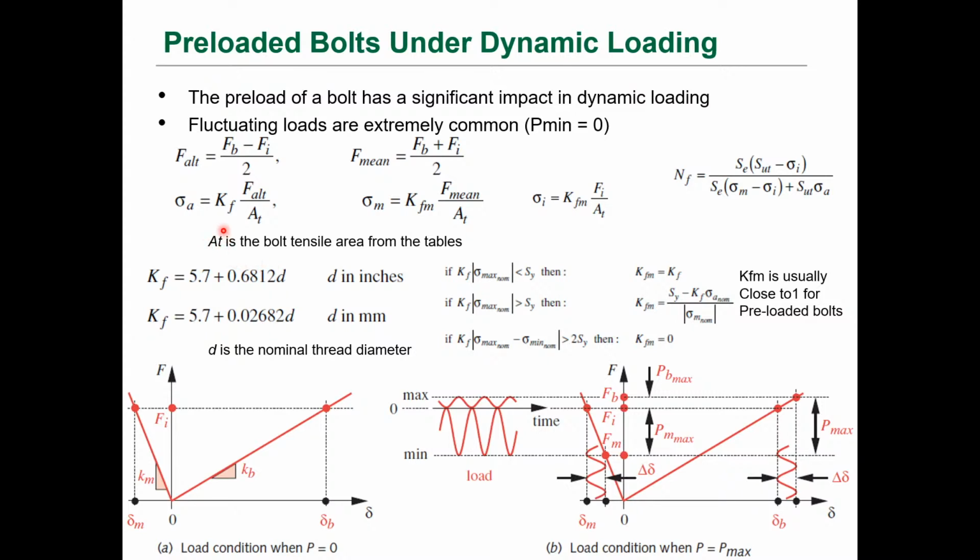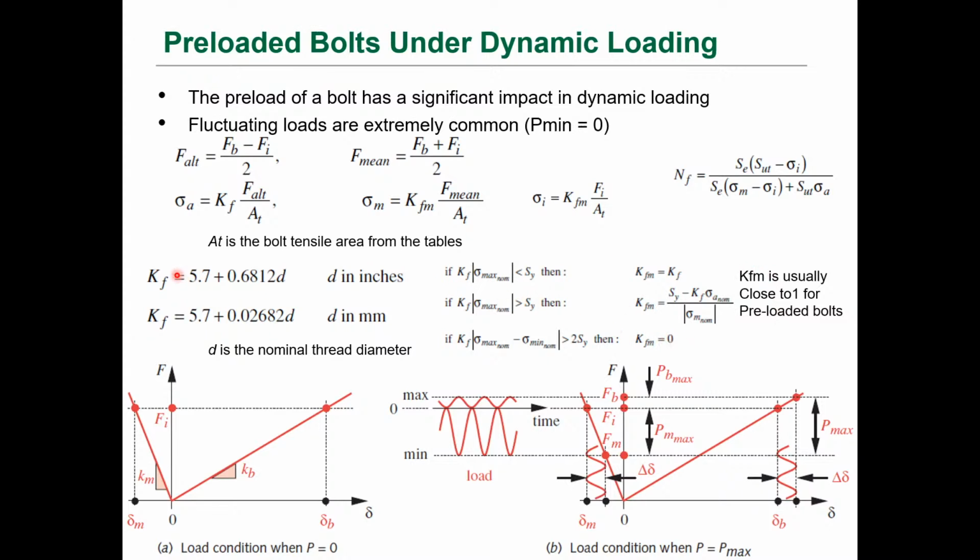So AT is that tensile area from the tables at the beginning of the chapter. Okay, so KF is defined by this equation here. It's 5.7 plus this times the diameter if it's inches, and you use a different expression if it's in millimeters. And then this KFM is the same thing that we defined earlier when we talked about fatigue.